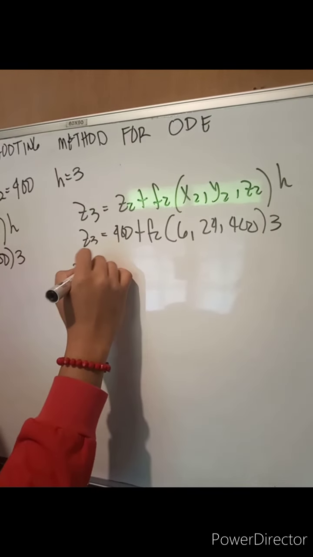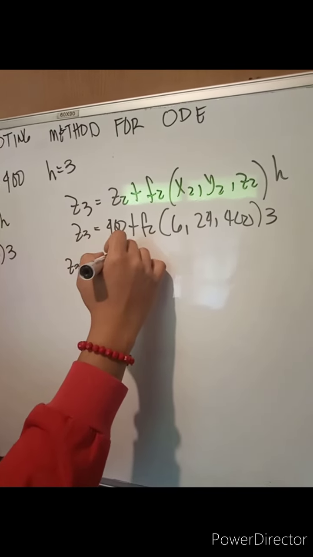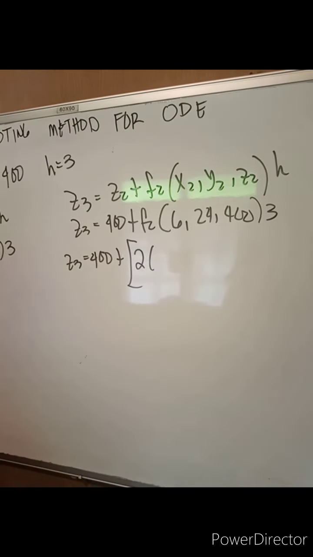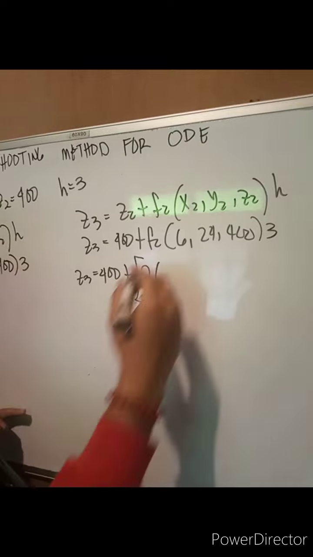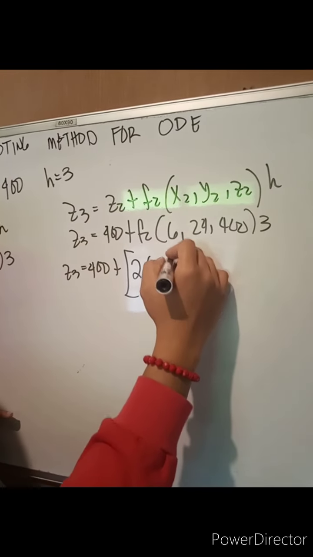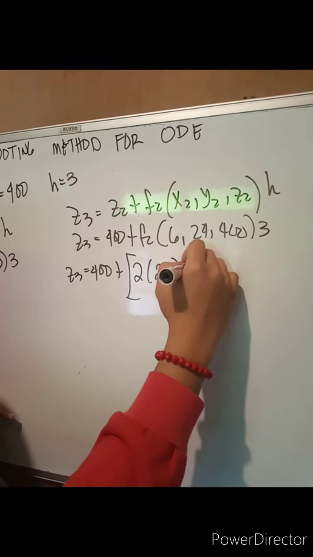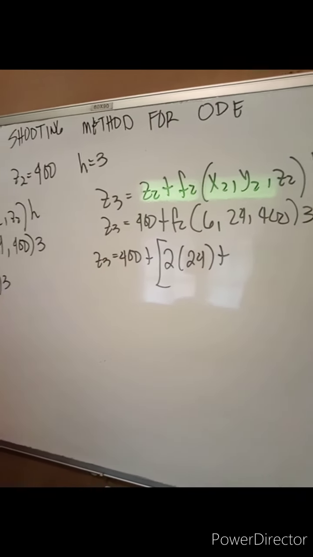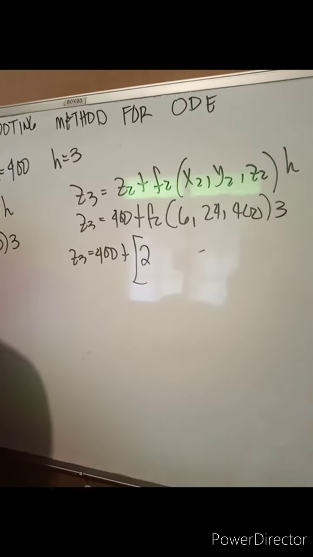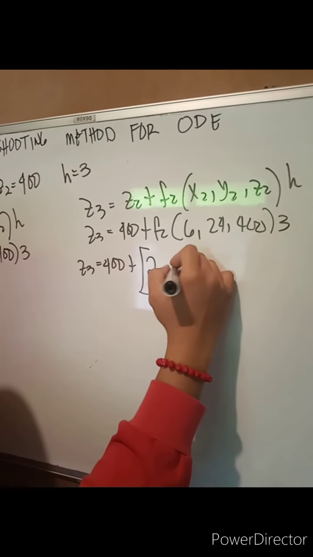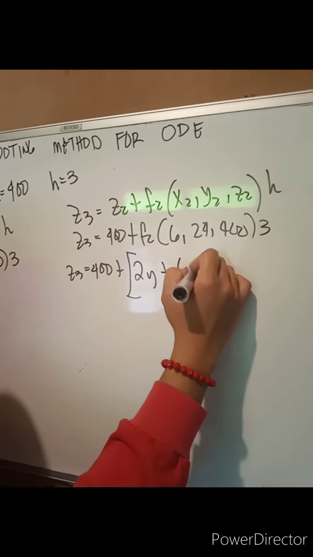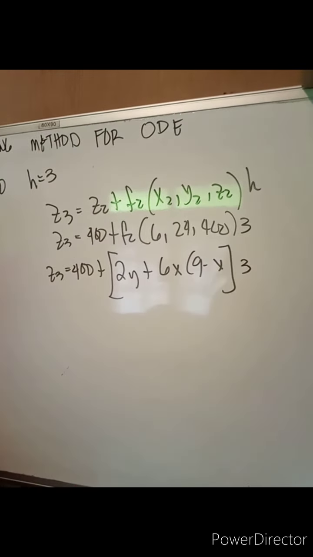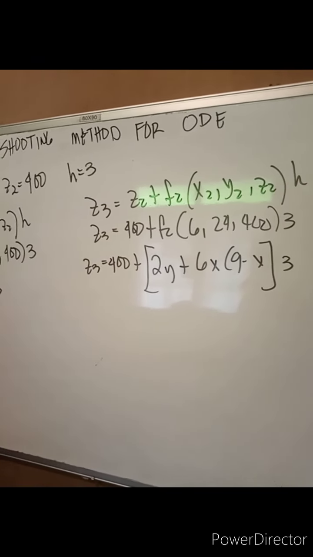So z3 is equal to 400 plus 2 times yung y sub 2 natin is 24 plus, ito para malinaw, 2y plus 6x times 9 minus x times 3.